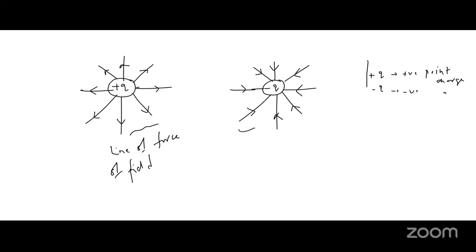This is denoted by capital F. In the case of a positive charge, you may observe the lines of force of the field are outward, whereas the lines of force of the field for a negative charge are inward. Okay.